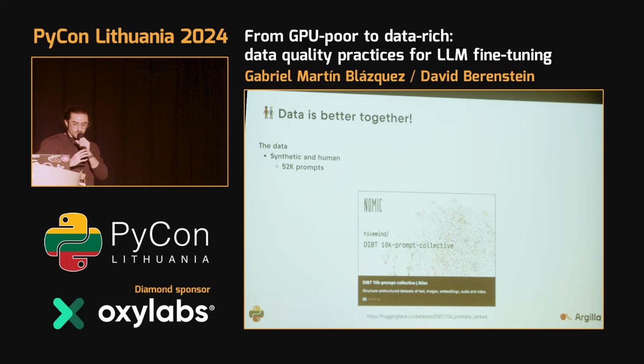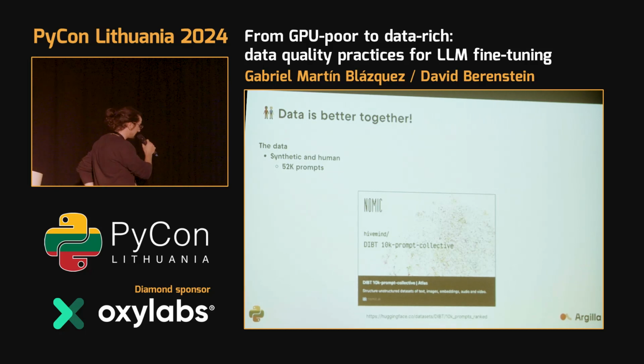And yeah, finally, I want to talk about one initiative that we started with Hugging Face, which is Data Is Better Together. What we want to do is to build impactful datasets with the help of the open source AI community. The first thing that we did is to set up an environment to annotate 52,000 prompts.